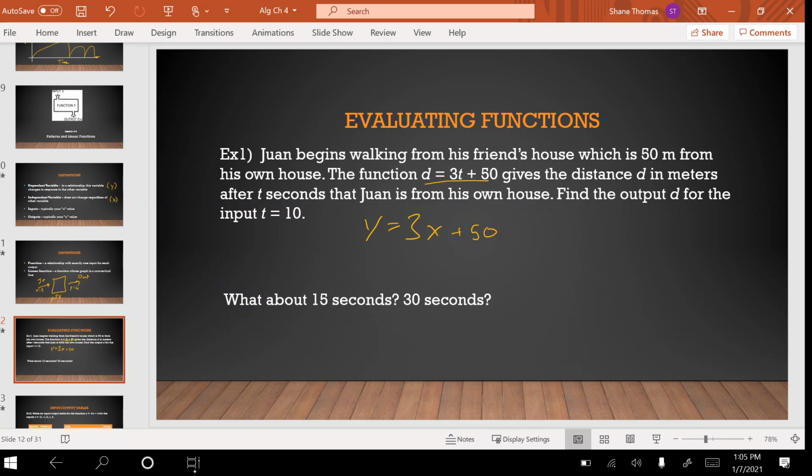It's the meters that he is from his own house after however many seconds. So for instance, if I'm walking this direction and I have a function saying how far I am away from, say, that table. Say each one of these blocks is a foot. So I'm walking away 1, 2, 3, 4, 5.